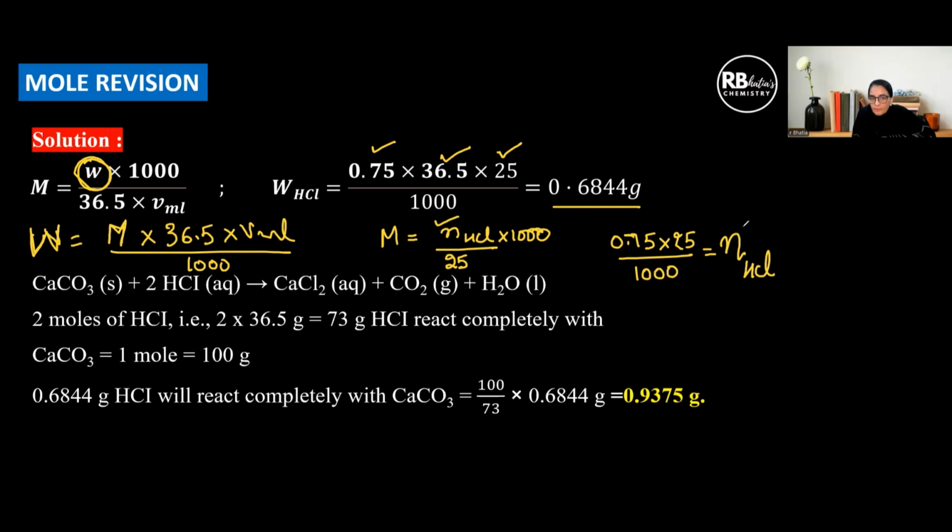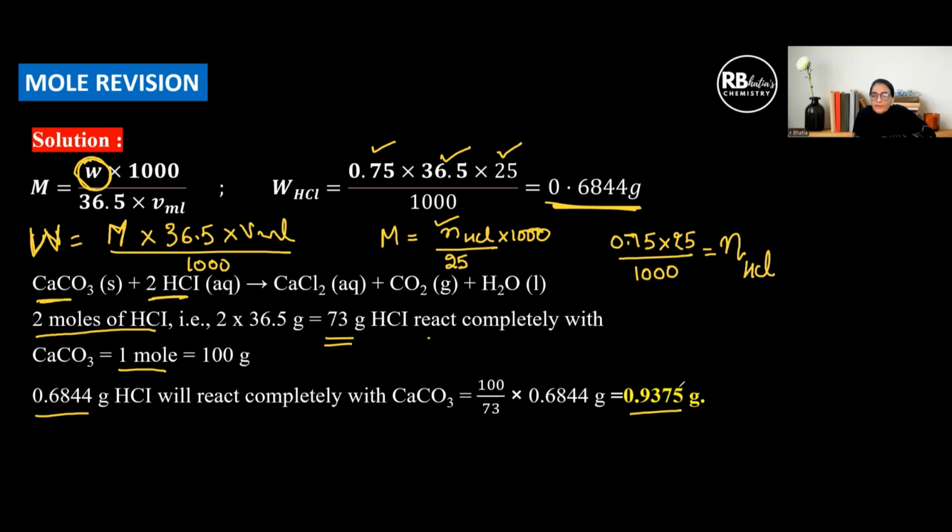Once we get the number of moles of HCl, we know for every 2 moles of HCl, only 1 mole of calcium carbonate is required. 2 moles of HCl means 73 grams of HCl, for which we require 1 mole of calcium carbonate. So this weight of HCl, 0.6844, will react completely with this much calcium carbonate.